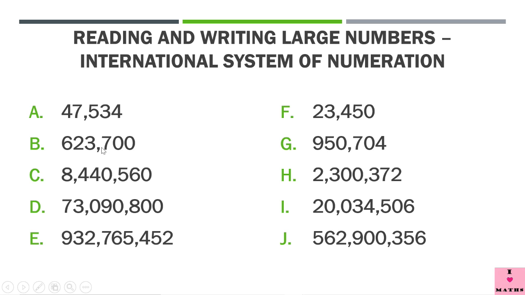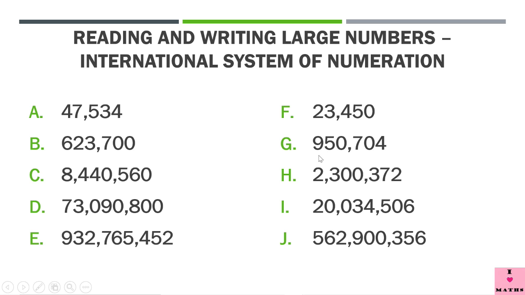You can see there is a comma here because ones period has got over and thousands period has started, and these three digits are in thousands period. Since all three of them are in thousands period, I'm going to read them together like this. 623,700.